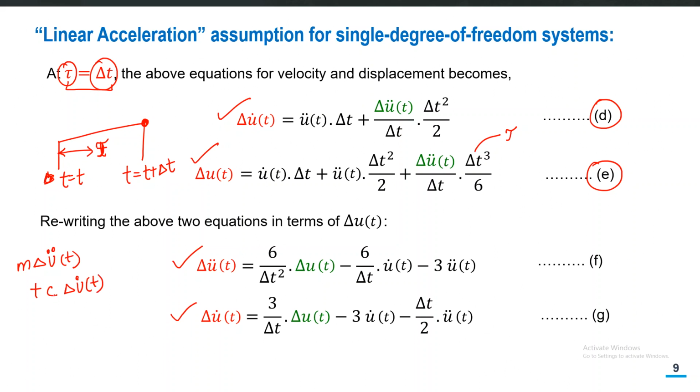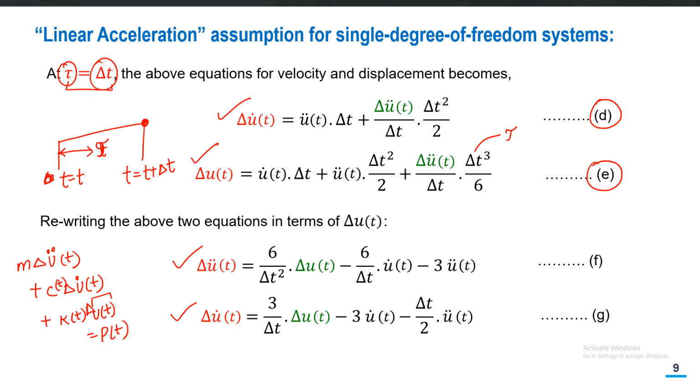Let's say that we are writing it for a linear system. In that case, c will be a simple constant. Otherwise, it will be some c of t. Similarly, k of t into u of t equal to some p of t. So this was our incremental form of the equation. So u of t is already there. In fact, there should be delta u of t here.